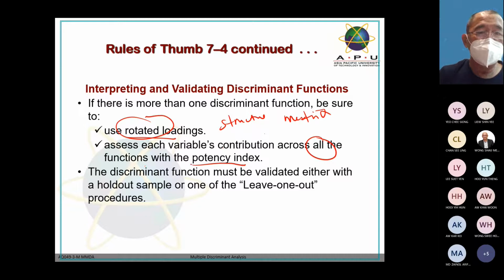So the discriminant function must be validated, either with a holdout sample or the leave-one-out method. You see actually both also discussed already when we did the multiple linear regression. How do we do this?